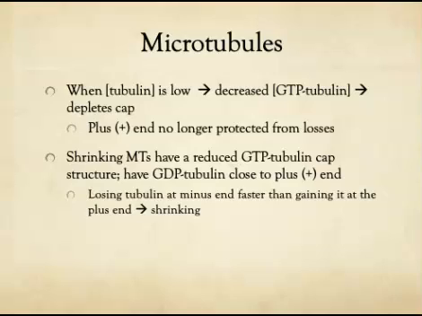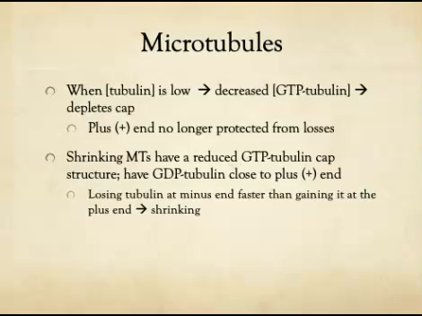So what is it that allows a microtubule to lose length? Well, the first thing is a lack of tubulin. So the tubulin concentration gets reduced, it gets lowered. That's going to create fewer heterodimers that are bound to GTP.